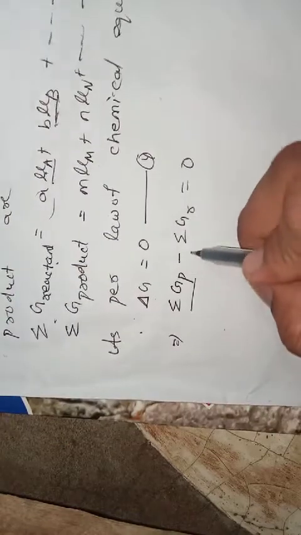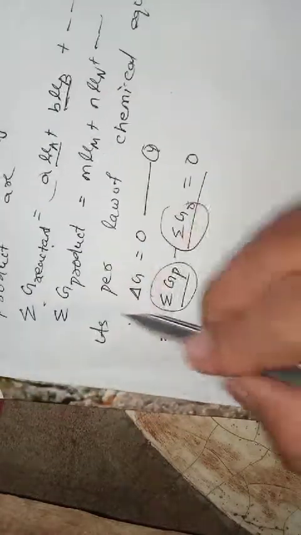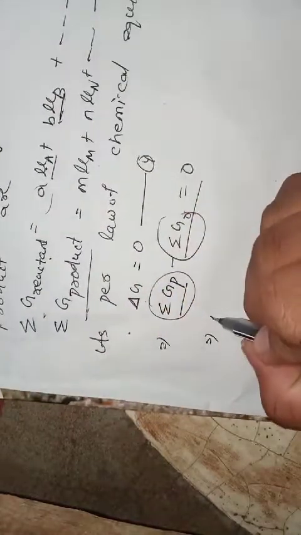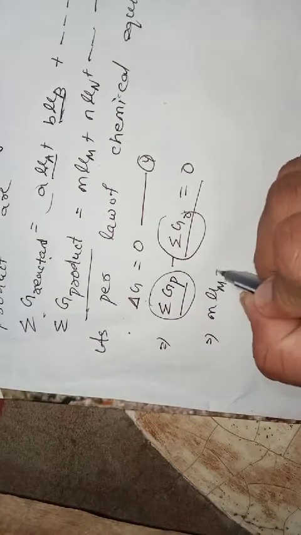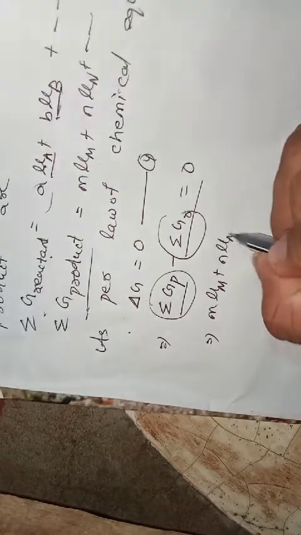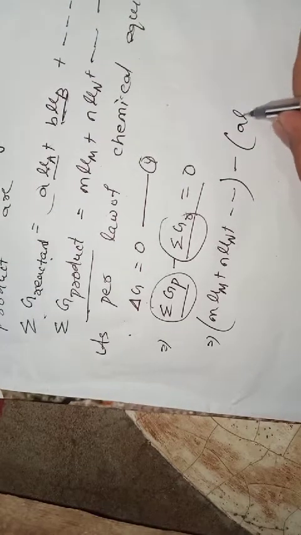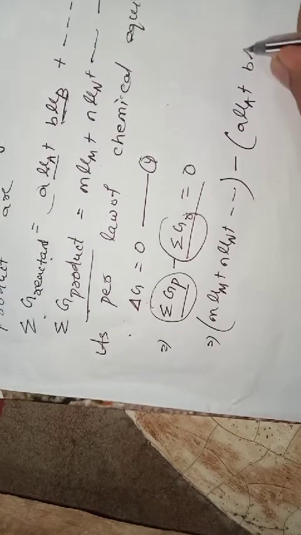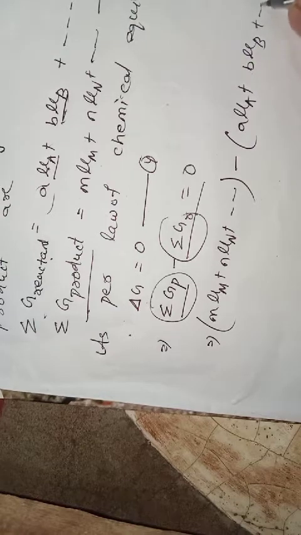Now we will put the values of summation of G product and summation of G reactant from equations 2 and 3. This implies m mu M plus n mu N minus a mu A plus b mu B is equal to 0. We'll take this as equation 5.